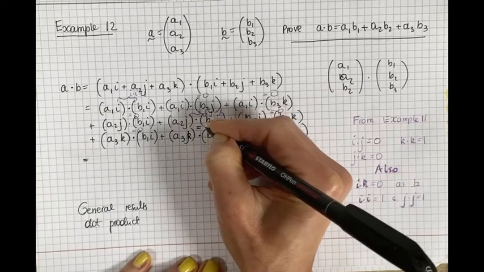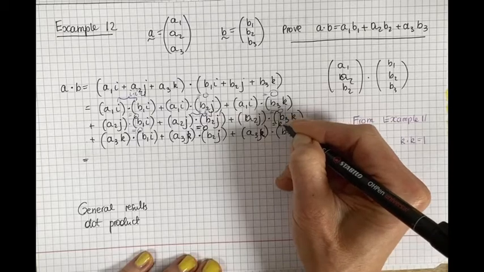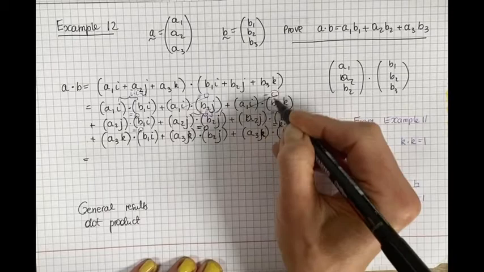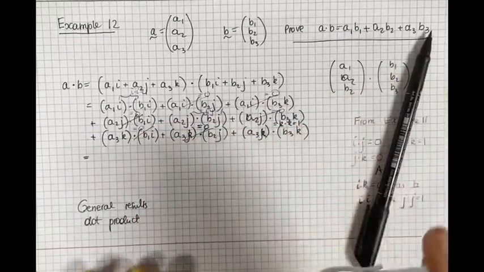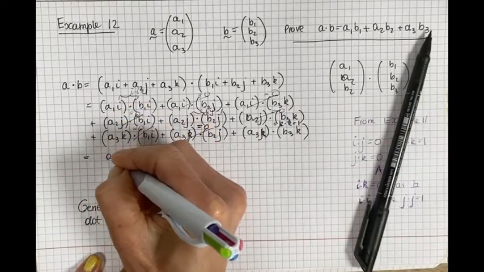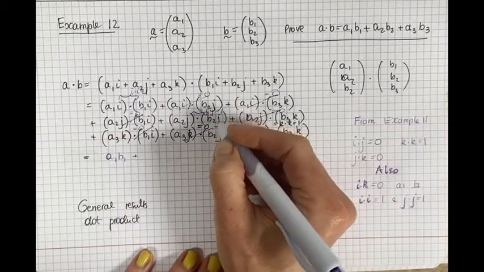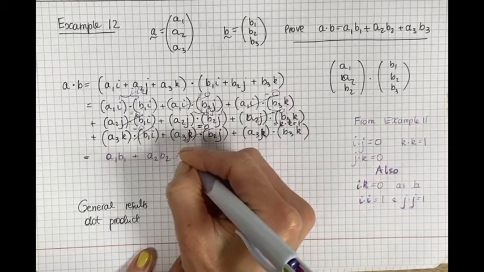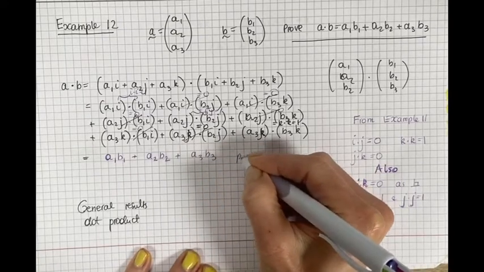So this one will give me 0, but this one here we're going to use k dot k is equal to 1. So effectively this will go, this will go, there you go. You'll be left with a1 b1, because i dot i is equal to 1, plus a2 b2, plus a3 b3, which is proven.